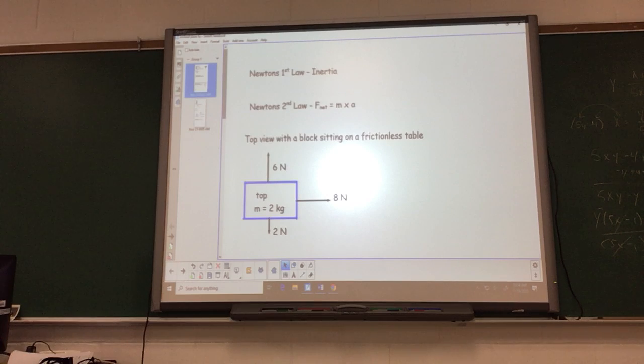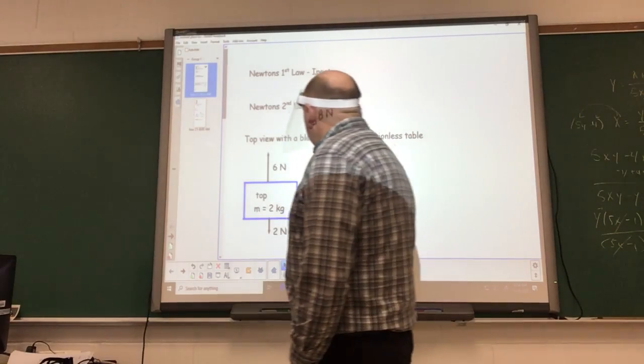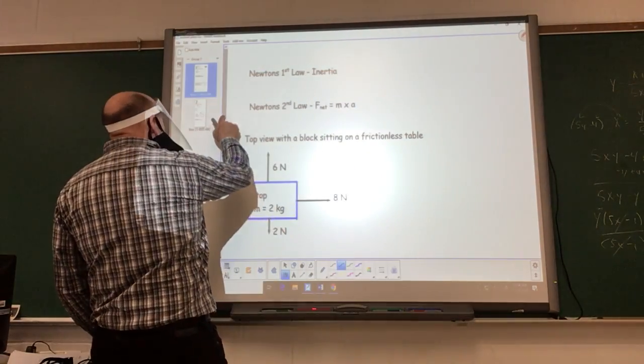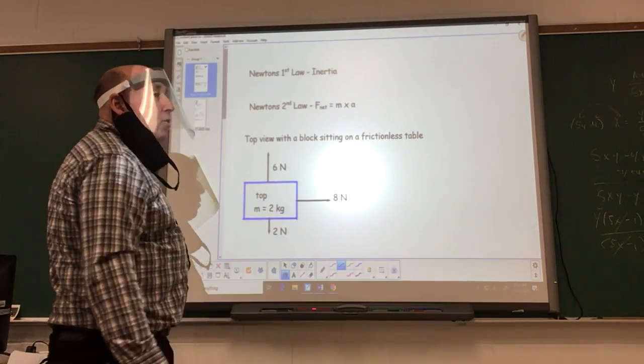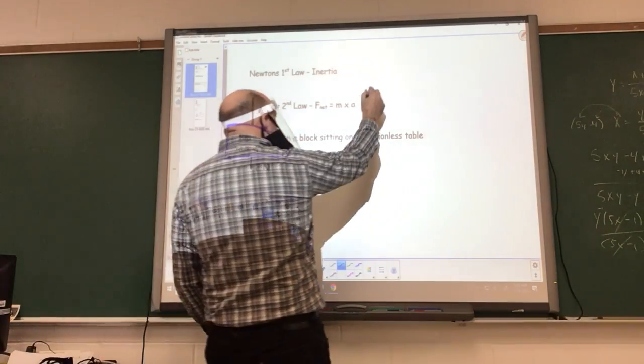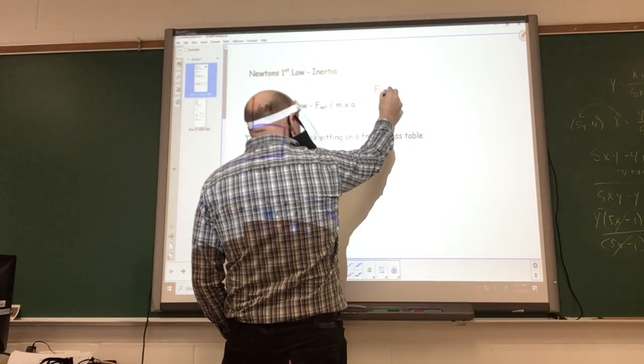We have Newton's first law that deals with inertia. We have Newton's second law, which deals with force. Net force is equal to mass times acceleration. Forces are vectors.